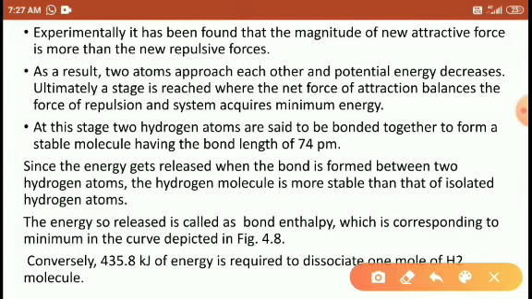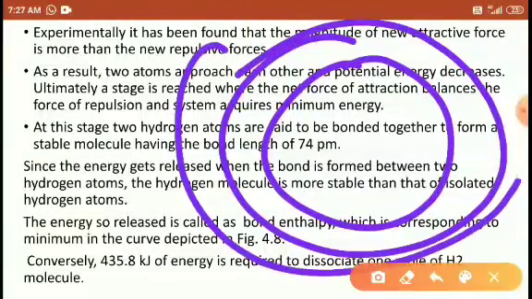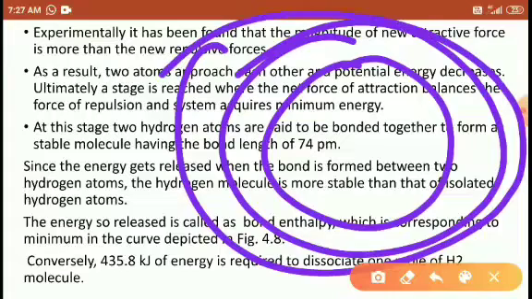So it has been found experimentally that the magnitude of the attractive force is more than the repulsive force. Whatever attractions are getting here, right?